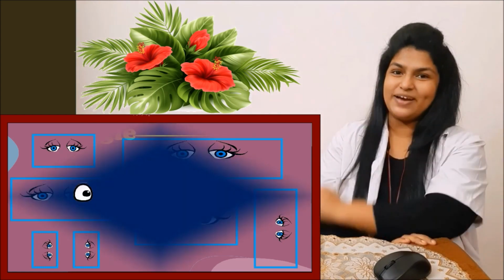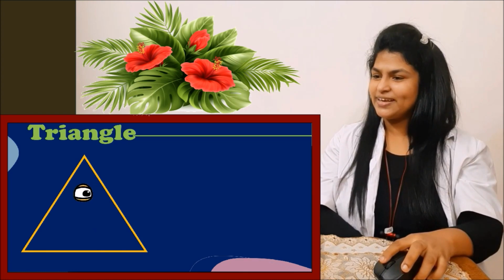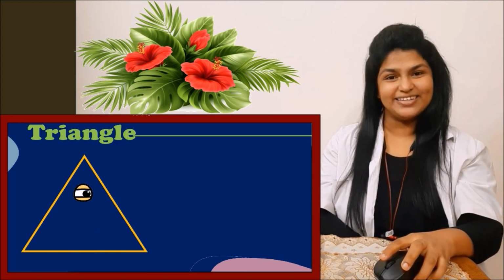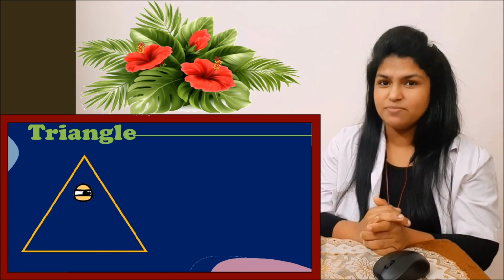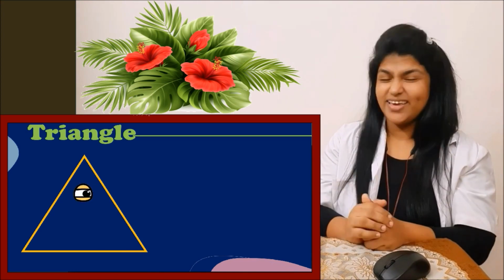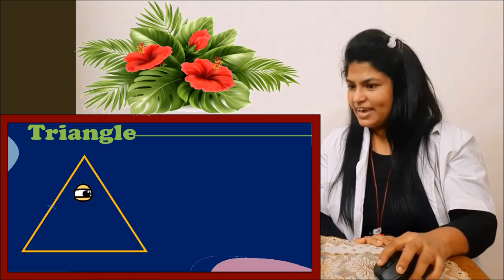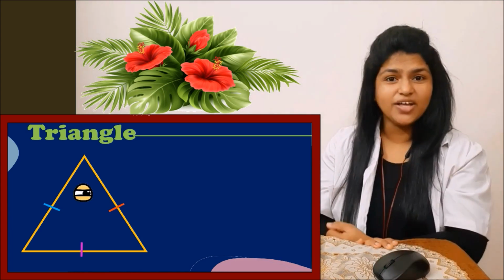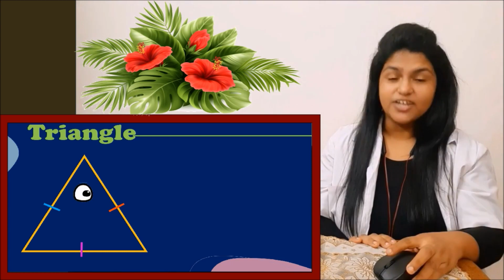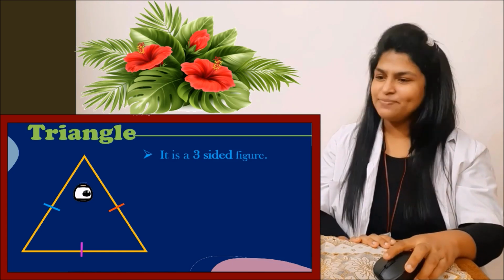Okay, let's go to our next patient now. Triangle Trivedi. Let's examine Triangle Trivedi. He seems a little grumpy and I think he's different from the others too. Let's see. Now, what about the sides? 1, 2, 3. Oh yeah, Triangle Trivedi has just 3 sides. A triangle cannot be called a quadrilateral because it has only 3 sides.